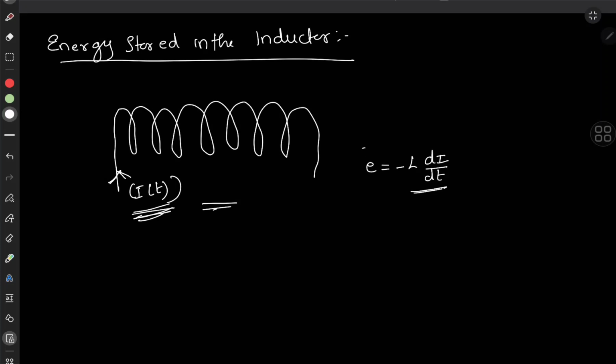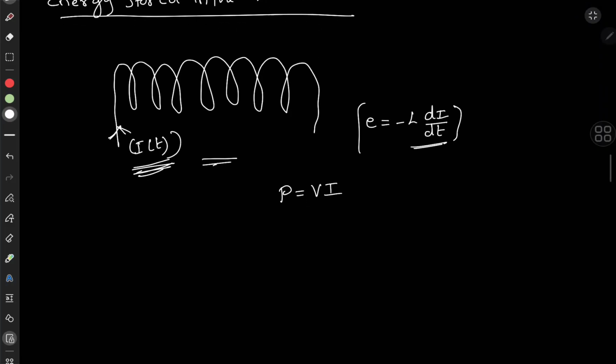This is the induced EMF in the coil. We know that power can be written as V into I, which is the total energy in the inductor per unit time. V is the potential which is going to be developed. No need to take the minus here because it just shows the opposite direction.